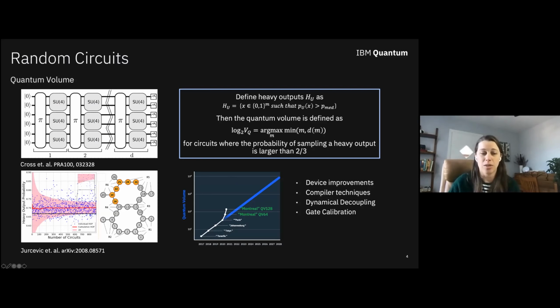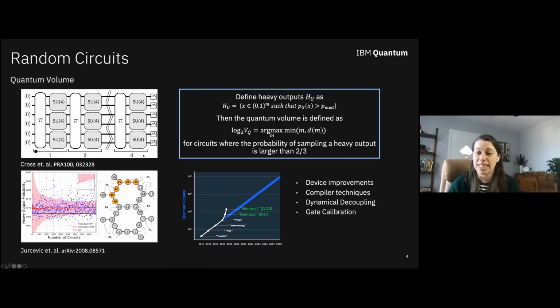We measure quantum volume by looking at random circuits that have this structure, where we're looking at circuits that have the same width, or number of qubits, as depth, so square circuits, and they have this structure of basically random SU4 gates between different pairs of qubits in each layer.